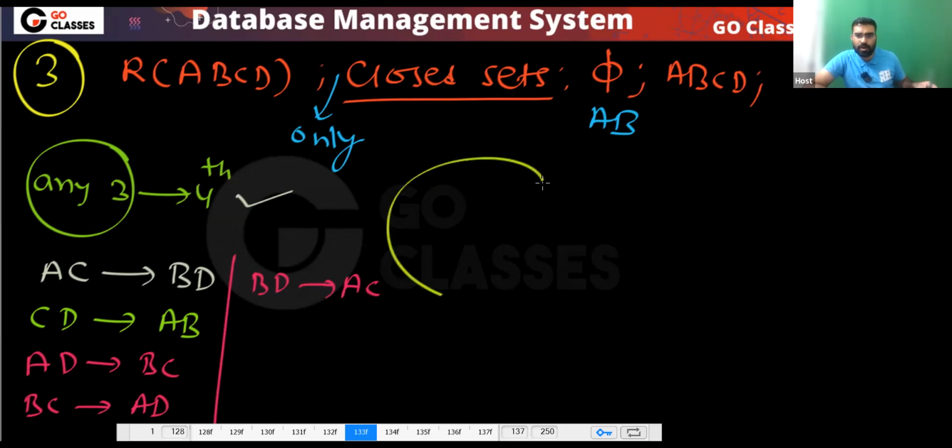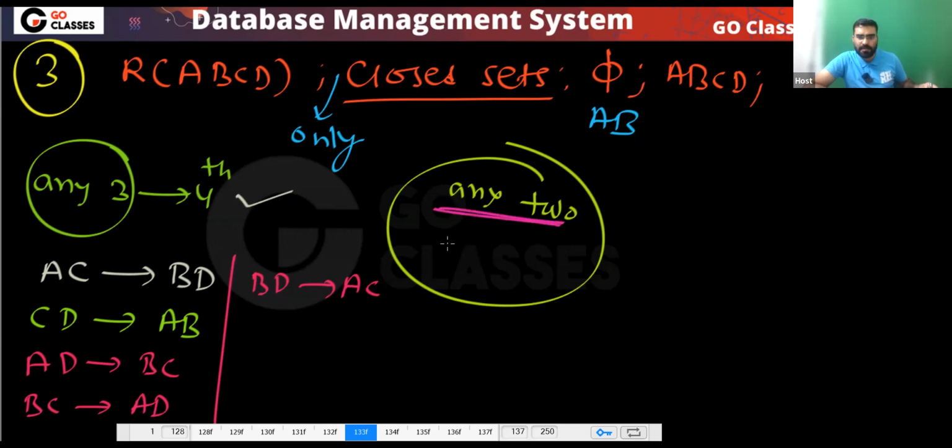So this is another point: any two you take except AB, the remaining two will come.